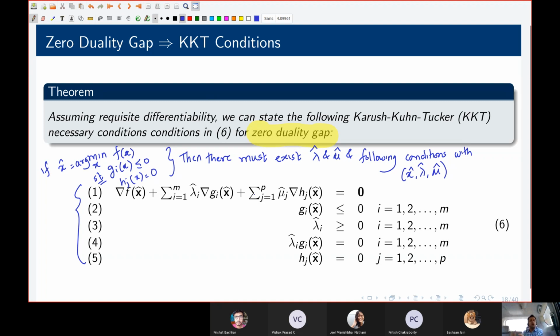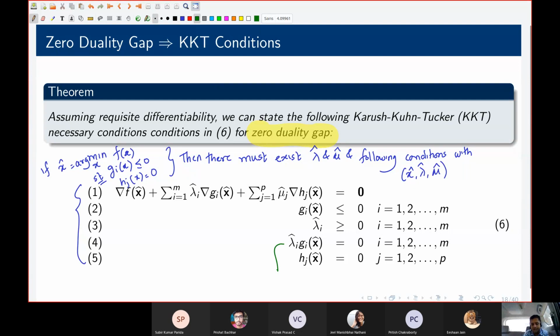It can have a component against the direction of the g_i's, which is what we gave an intuition about. There's also condition 4, which says that either you're on the boundary, in which case the lambda is effective, or you're inside the boundary, in which case lambda is ineffective.